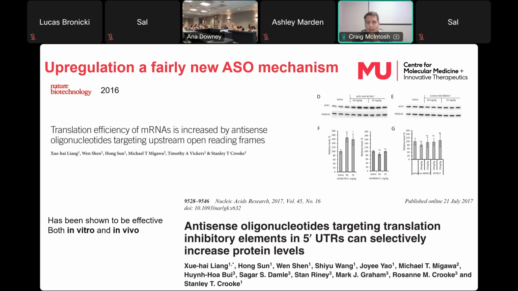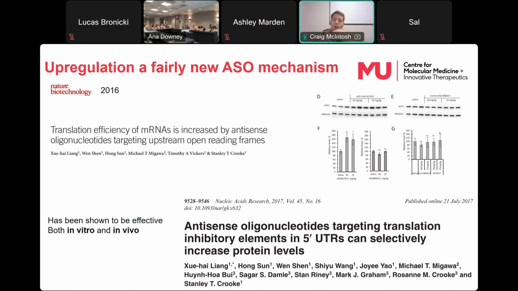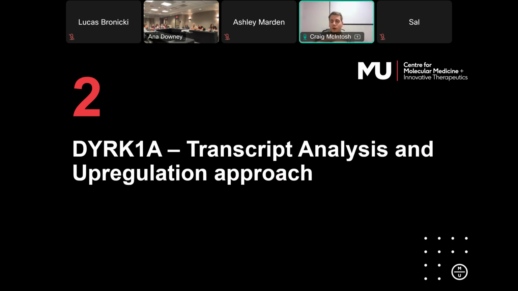So the proof of concept that these can be used effectively to increase protein expression is there. It's just about finding whether we're able to hide the right bowls so that Goldilocks really does find the one in the most efficient manner.